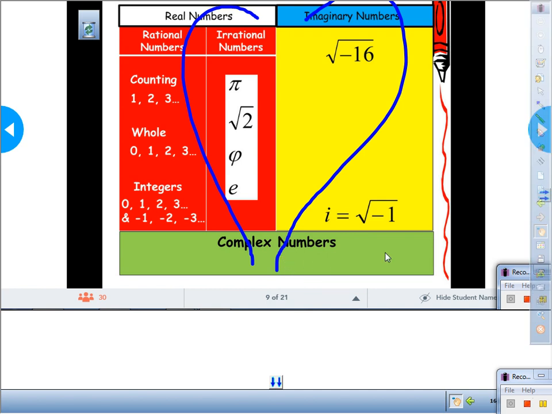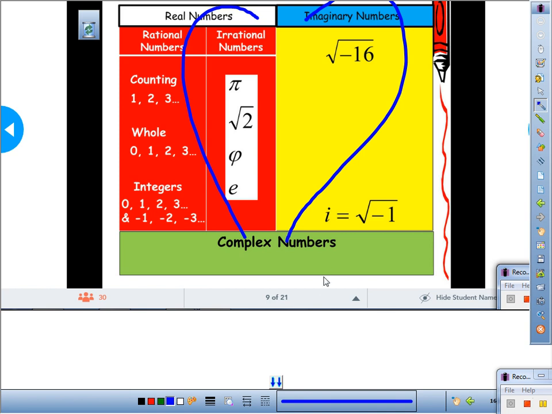Write something down and see if you're understanding what we're talking about. And then from there, Damien's going to help us out, enlighten us with an example. All right, Damien, start us off with a real number. Give me a real number.